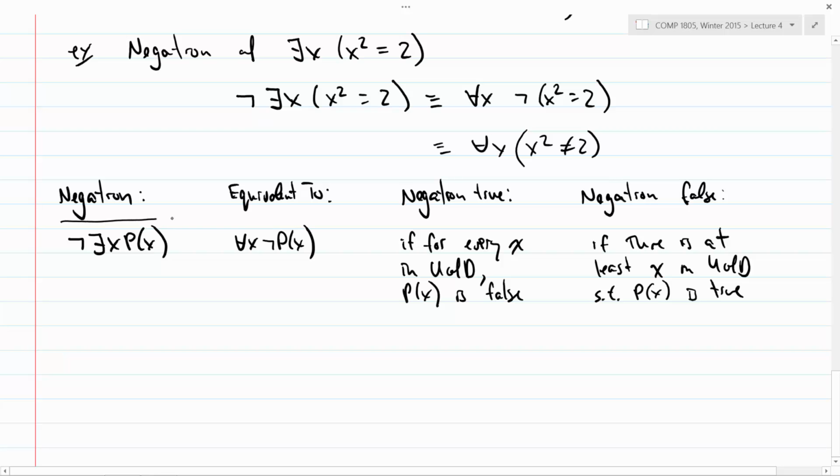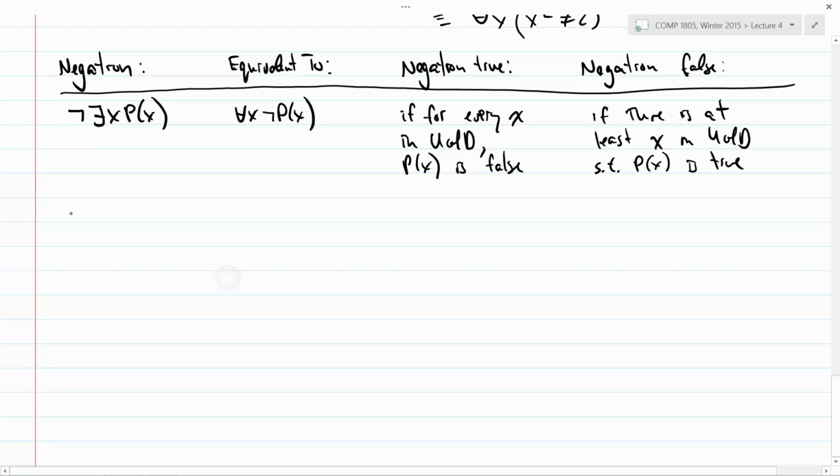All right, so that's the first row. The second row is for the negation. It is not the case that for all x, P(x). We know that that negation is equivalent to exists an x such that not P(x). The negation is true if there is at least one x for which P(x) is false.